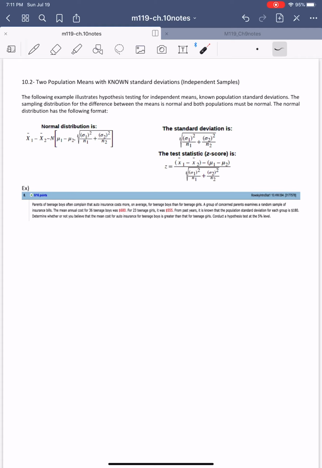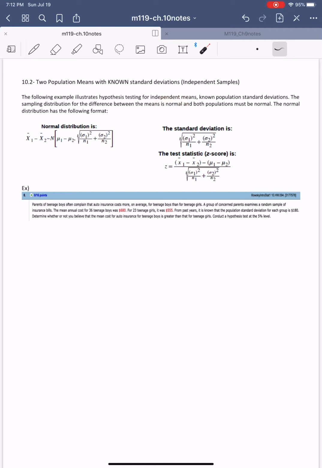This time, we are going to do the same thing, mean, but with standard deviation known. Population standard deviation is known. The following example illustrates a hypothesis test for independent means with known population standard deviation. The sampling distribution is normal because population standard deviation is given.